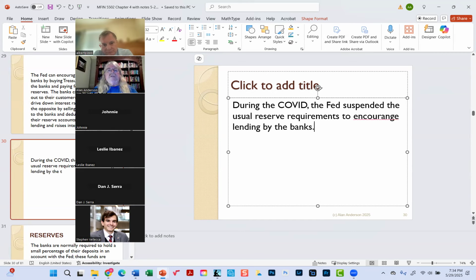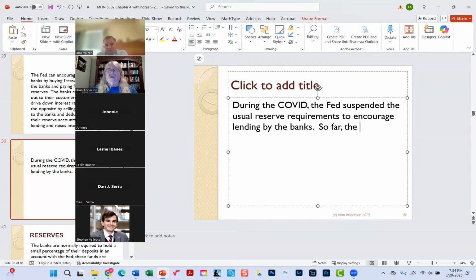Basically, as I said, you don't have to hold any reserves, don't worry about it. Lend the money to your customers. Now, you would think that by now they would have reestablished those required reserves, but they haven't. At this moment, they're still not required to hold any reserves.